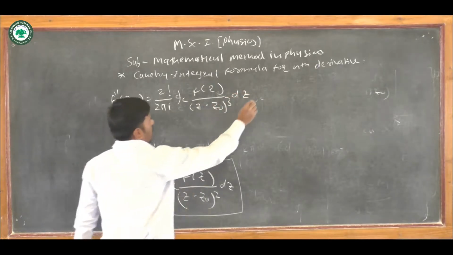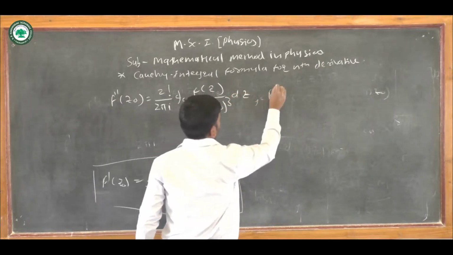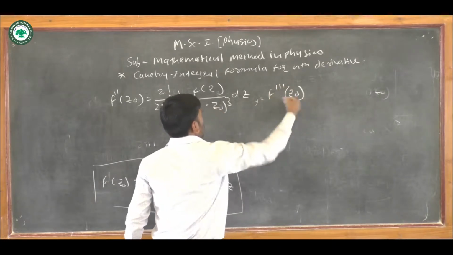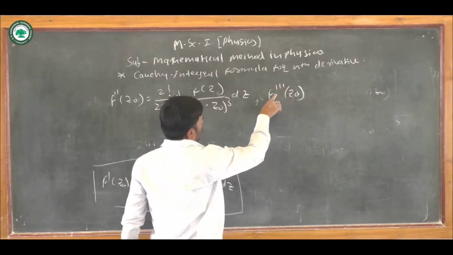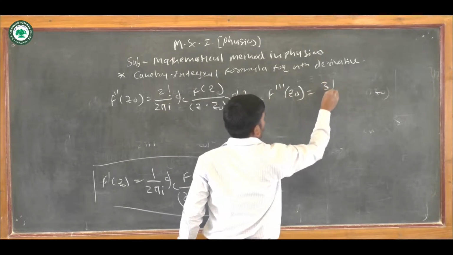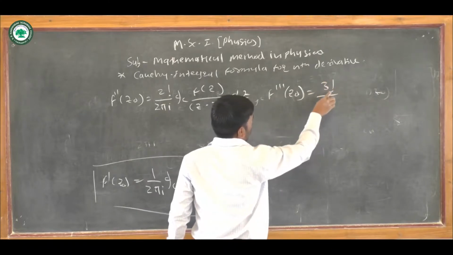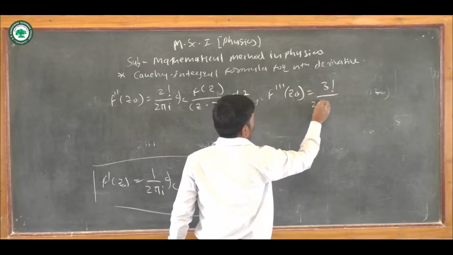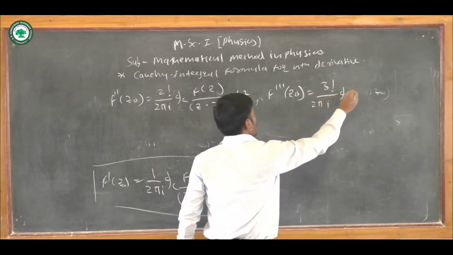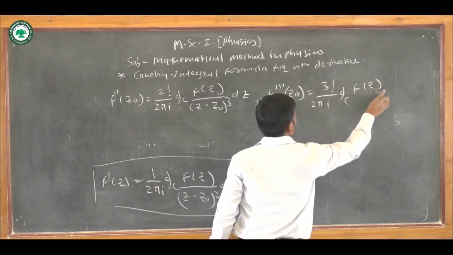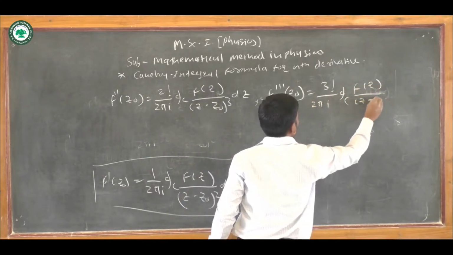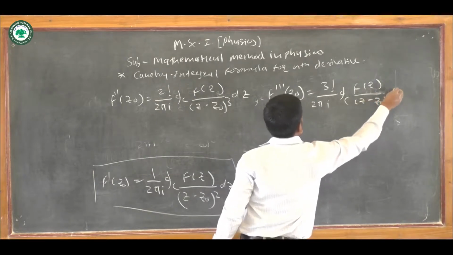Similarly, we can write for the third order derivative of f of z, that is equal to 3 factorial by 2 pi i, closed integral over C of f of z divided by (z minus z naught) power 4.